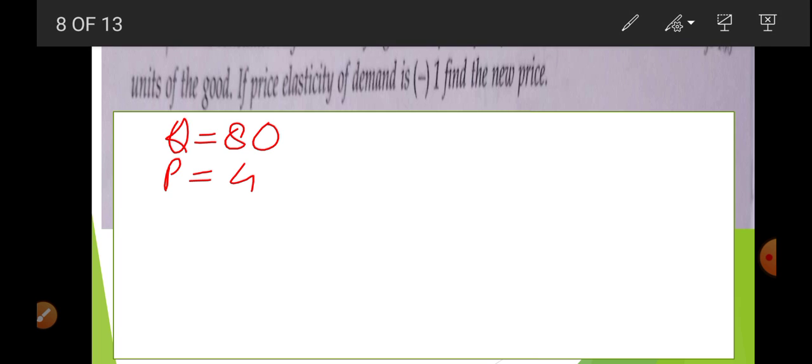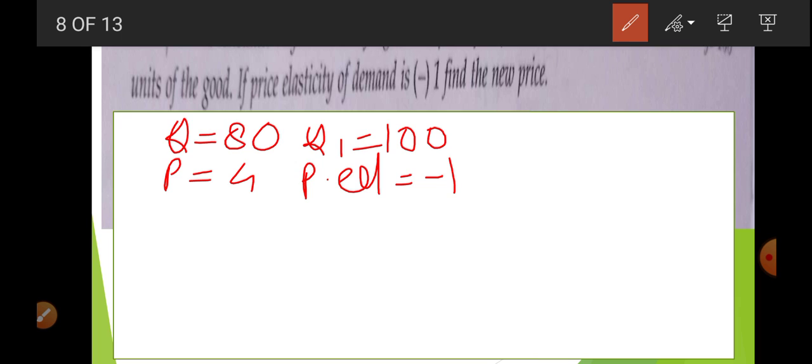That is, Q is 80, P is 4. Further it is written, due to the fall in the price he buys 100 units. Now Q1 is 100 and ED, price elasticity of demand, is -1. What do we have to find out here? The new price, that is, P1.